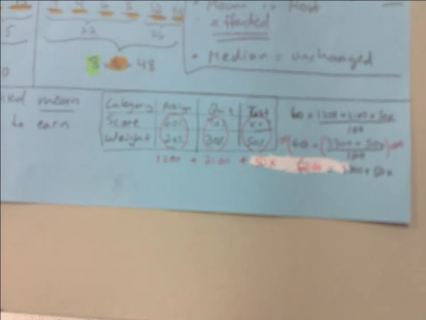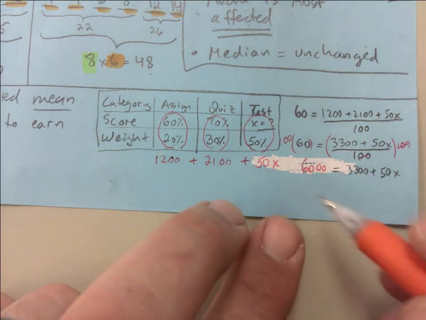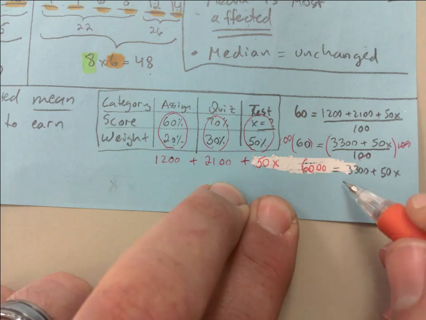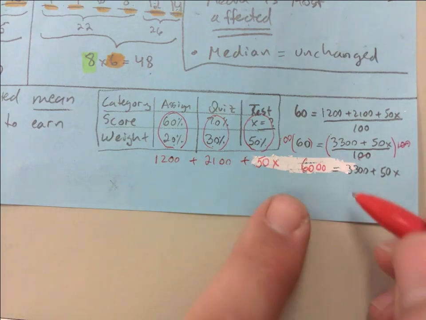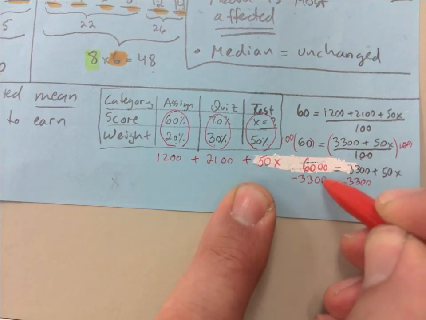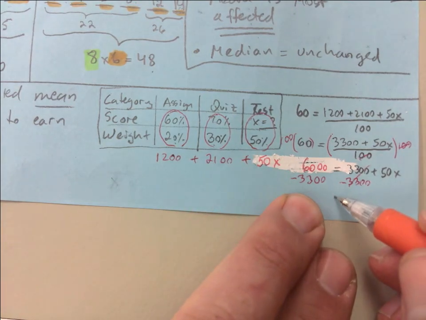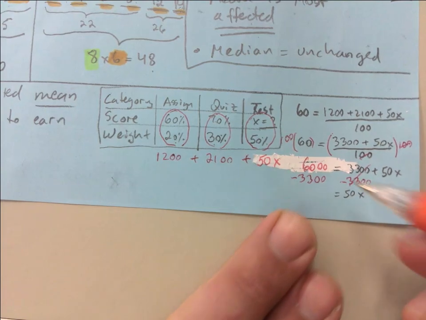Focus. I wish we all just had a focus button, right? If you can't focus, just go. Okay, minus 3,300. Cancel that out. You end up with 50x.